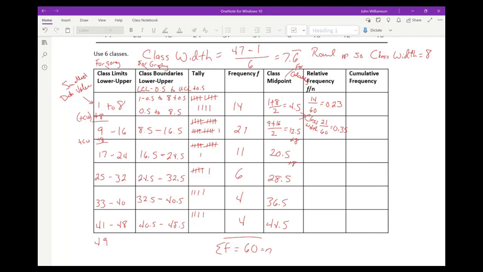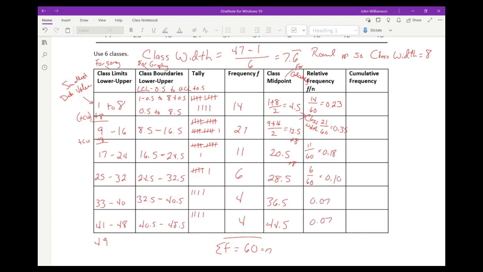But by putting it into the relative frequency, everything's going to be out of 100, basically. So it's always going to be a decimal, which we can compare easily. And so same idea, right? We just go through, so 11 out of 60, and we get 0.18. 6 out of 60, we get 0.1, and then 0.07, 0.07.